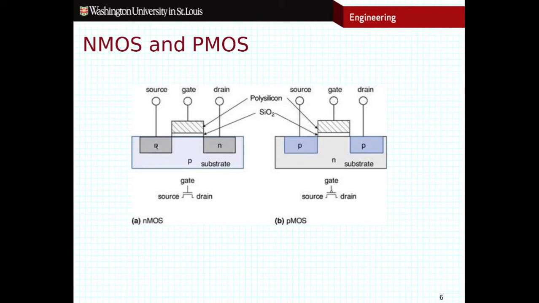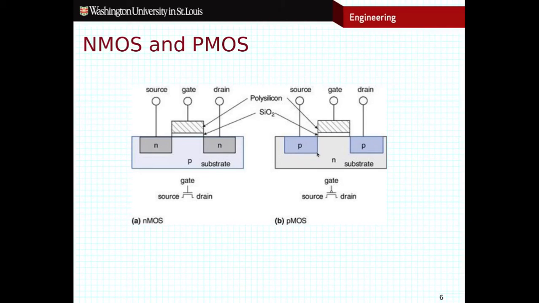These are called wells. The source and the drain are wells embedded in a base layer of P-type semiconductor material. And then the PMOS is the opposite. The PMOS has two P-type wells, with an N-type semiconductor substrate layer forming the base.